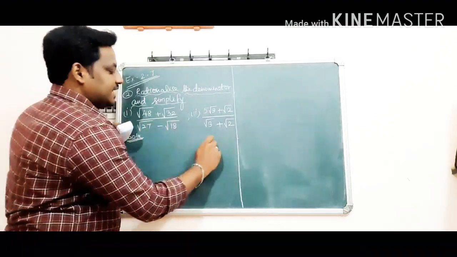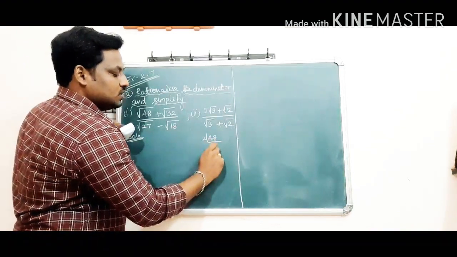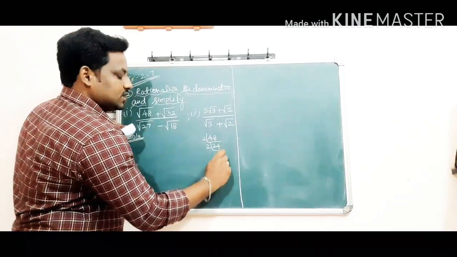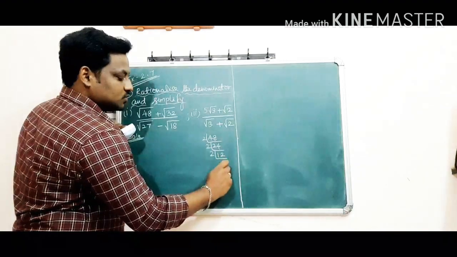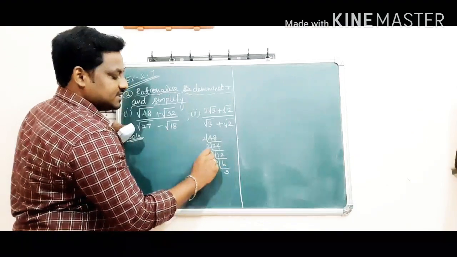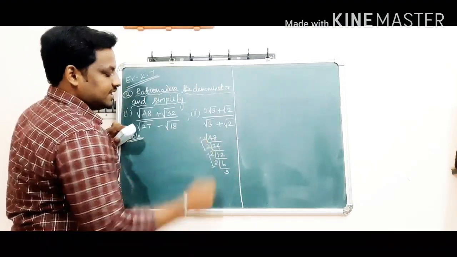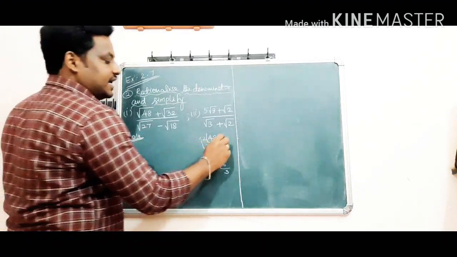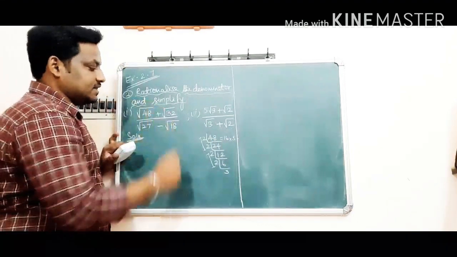So 48, we can simplify: 2, 2 2s are 4, 4 2s are 8, then again 2, 1 2s are 2, 2 2s are 4, then again 2, 6 2s are 12, then again 2, 3 2s are 6. That means 2 2s are 4, 2 2s are 4. So 2 pairs are there. So 4 into 4, 16, 16 into 3. So 48 we can write as 16 into 3. Clear?